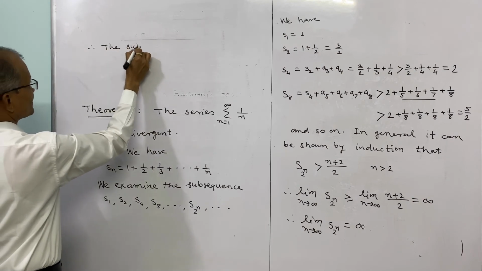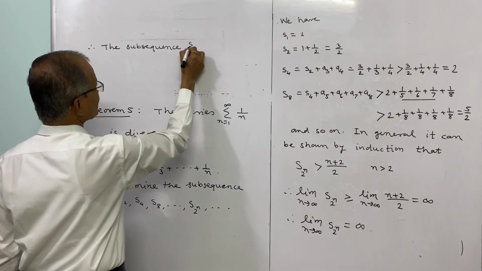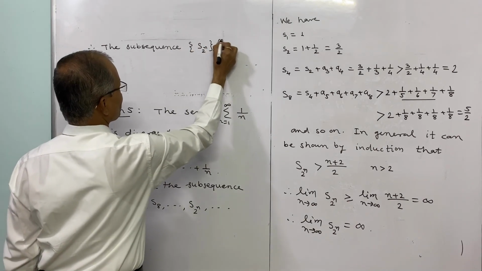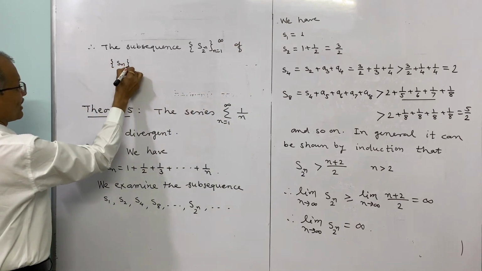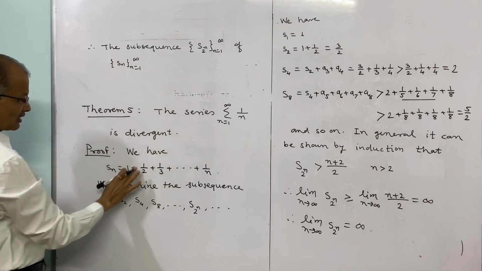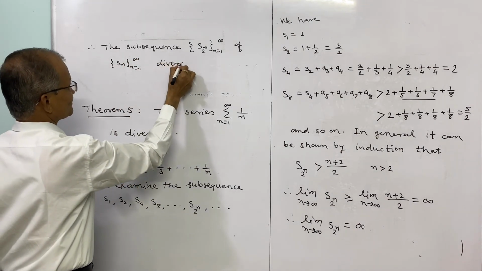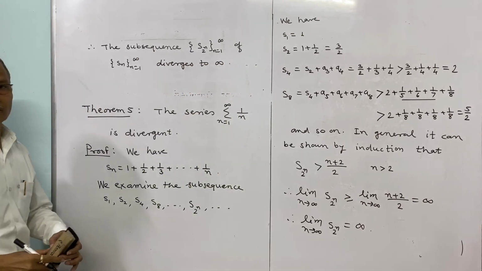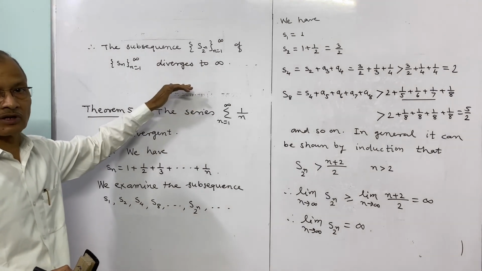Therefore the subsequence S2 power n of Sn, which is a subsequence of the original sequence Sn, diverges. And if a subsequence of a sequence diverges to infinity, the sequence also diverges to infinity.